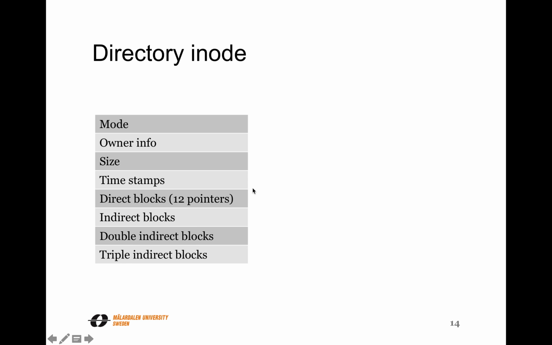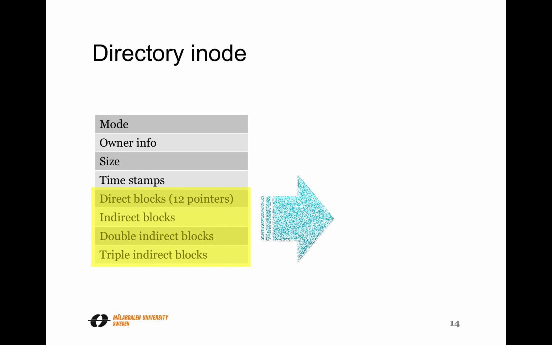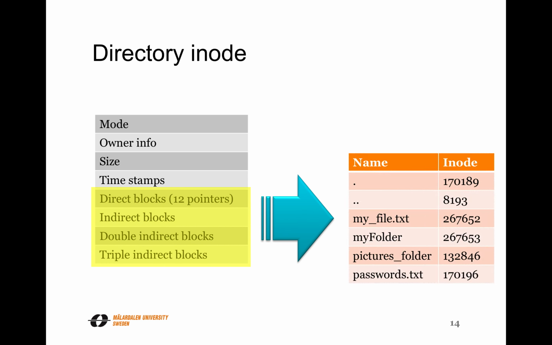A directory works like an ordinary file, so everything is a file in Linux, as I mentioned earlier. But the directory has a fixed way of listing files. So you could say that a directory is actually another table that stores the files that are included in that directory and the inode numbers of those files.